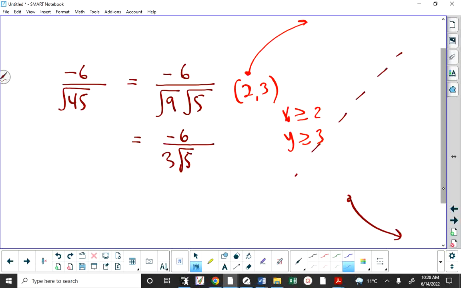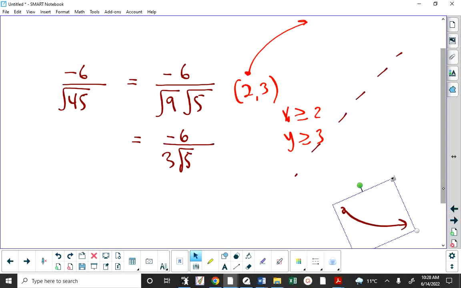Shouldn't it be like this and not like this? No, it'll be like that. You get the idea, though, right?